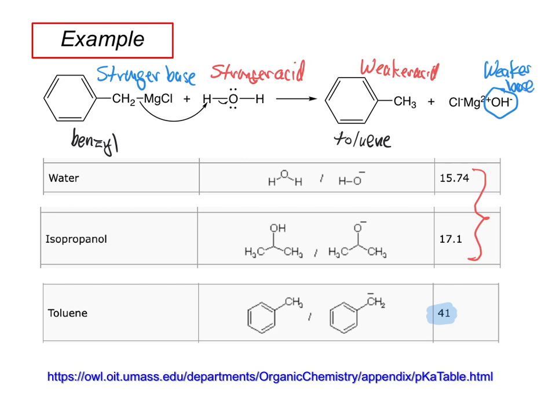And so the reaction will tend to go very strongly in that direction if given the opportunity. Whether this is water or whether we put an R group on there and that acid is an alcohol, that reaction will proceed and quench our Grignard.